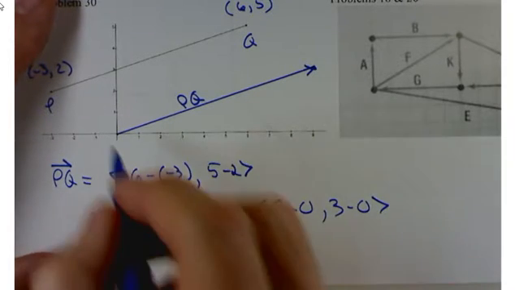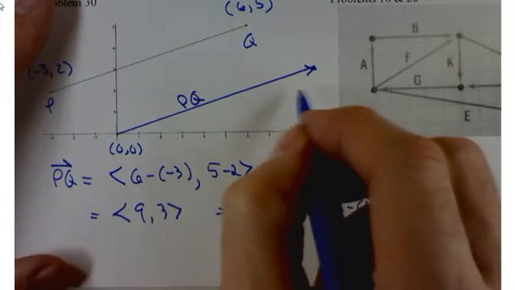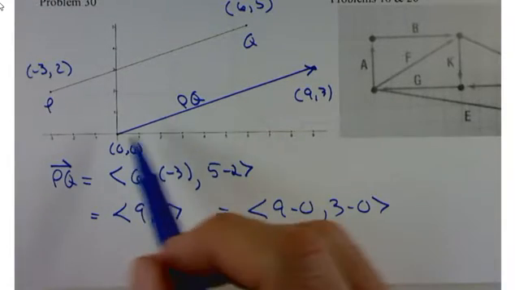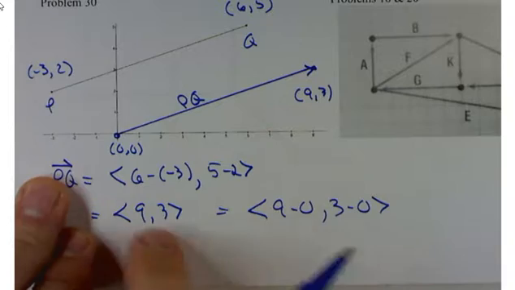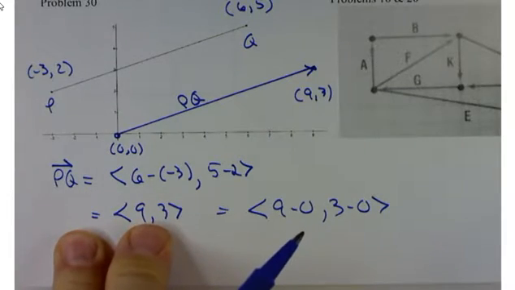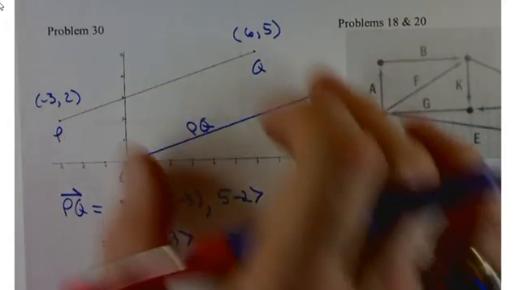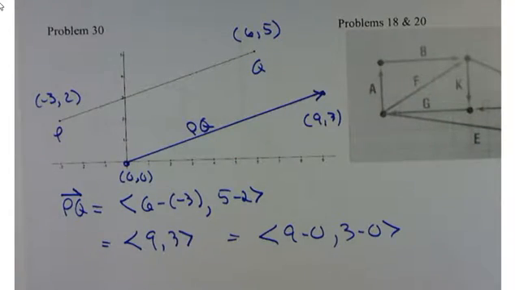That is, if you had an initial point here at 0, 0 and a terminal point at 9, 3, if you subtracted these, you'd get a vector with components of 9 and 3. So it's the same magnitude and direction as what we have here. And these two vectors are equivalent. They have the same magnitude, same direction.